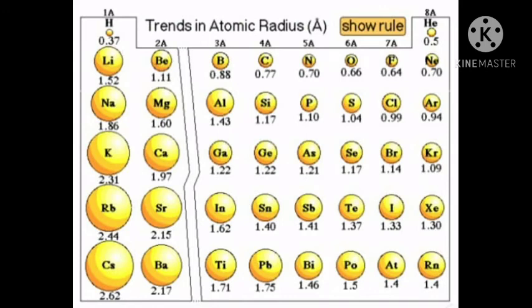Here from left to right, the atomic radius decreases. Similarly in all the periods, from left to right, atomic radius decreases, but in a group, that is from top to bottom, the atomic radius increases.